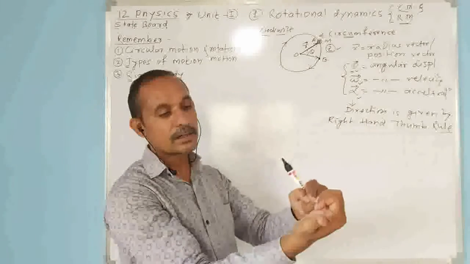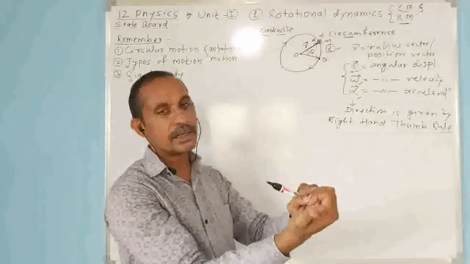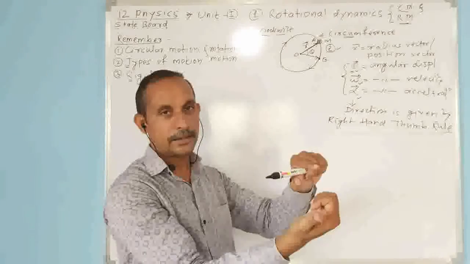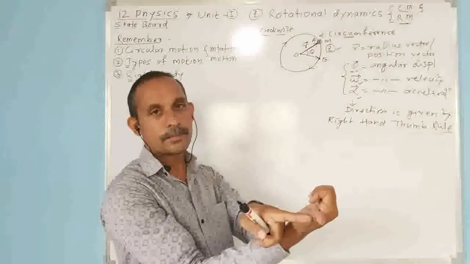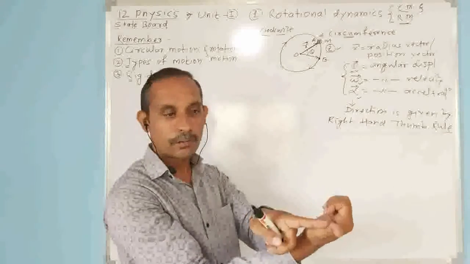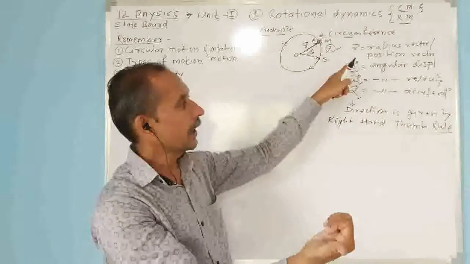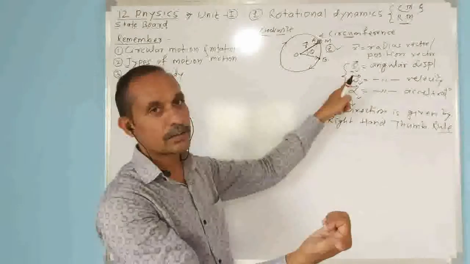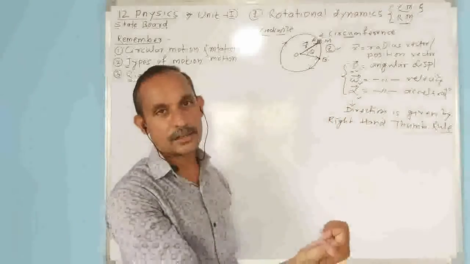If the fingers show the sense of circular motion, then the stretched thumb will show the direction of angular displacement, angular velocity, and angular acceleration.